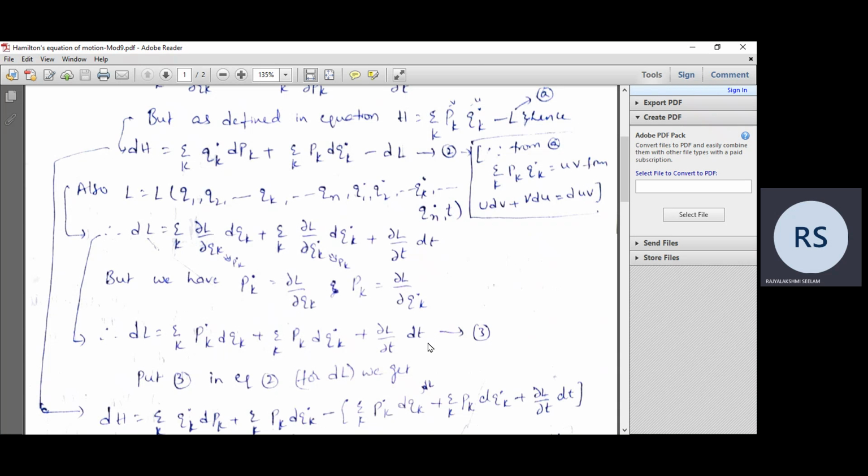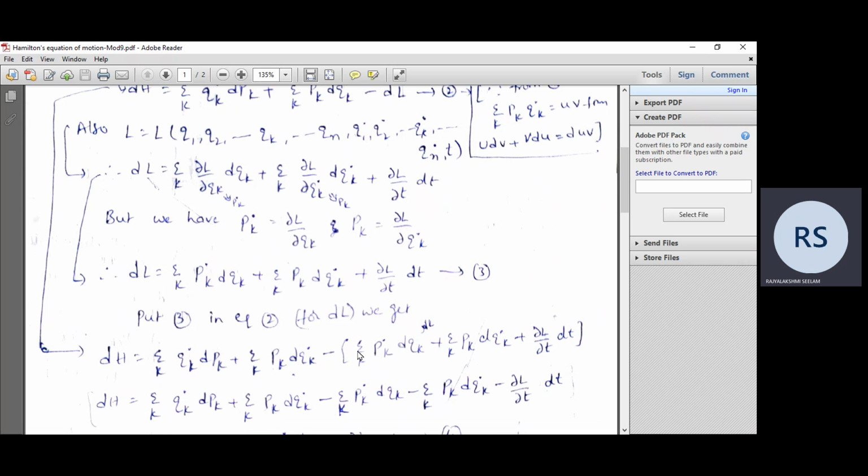Let us substitute equation number 3 in equation number 2, because this is dL. Already in equation 2 we have dL, so we can replace dL with this equation. dH equals this one, which remains the same, and in the place of dL we replace equation number 3.